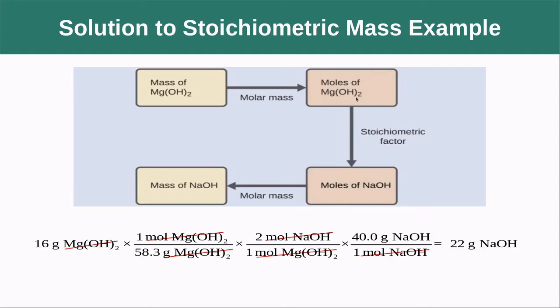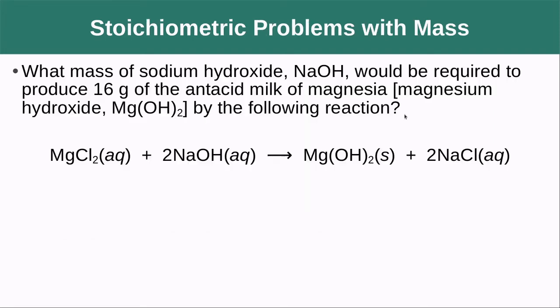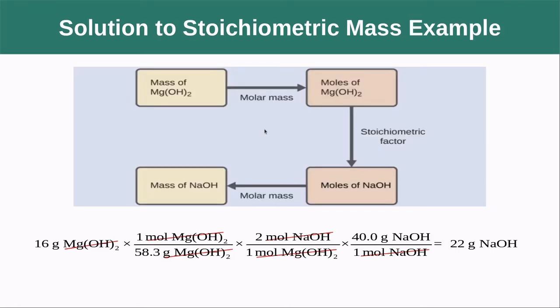Now to go from the moles of that down to the moles of sodium hydroxide, we need that stoichiometric factor. If we go back to the equation, we see that for every 1 mole of magnesium hydroxide, it required 2 moles of the sodium hydroxide. Here's our stoichiometric factor. We got the 2 moles sodium hydroxide in the numerator because that's the unit that we want.